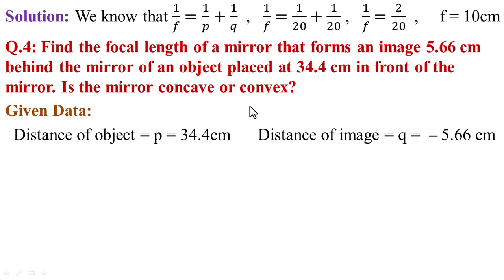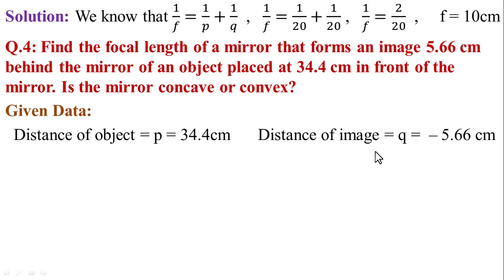According to the statement, distance of object P is equal to 34.4 centimeter and distance of image Q is equal to minus 5.66 centimeter, because the minus sign is used as the image is behind the mirror. So we write the negative sign.